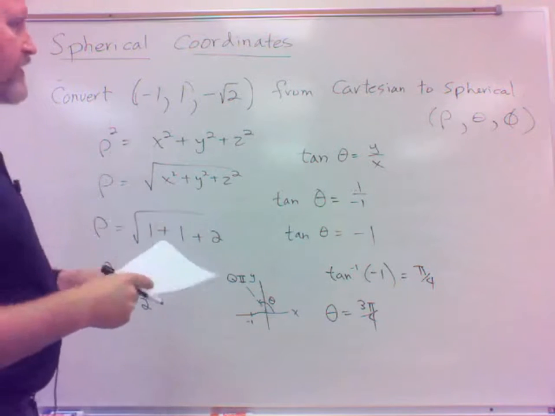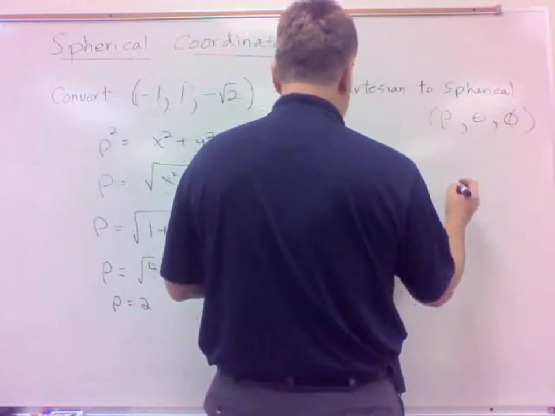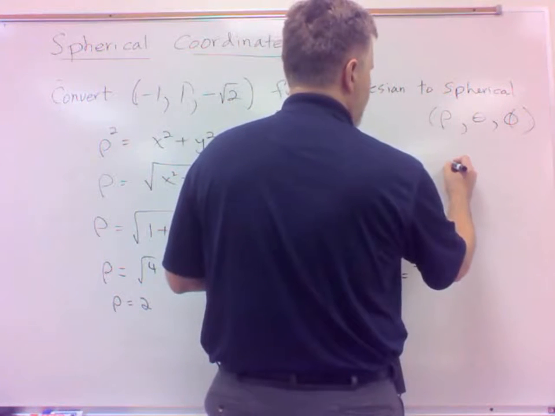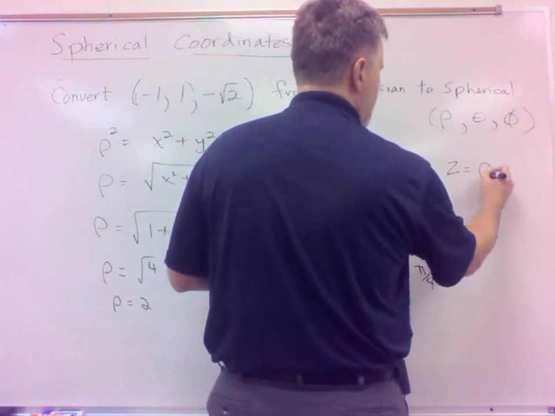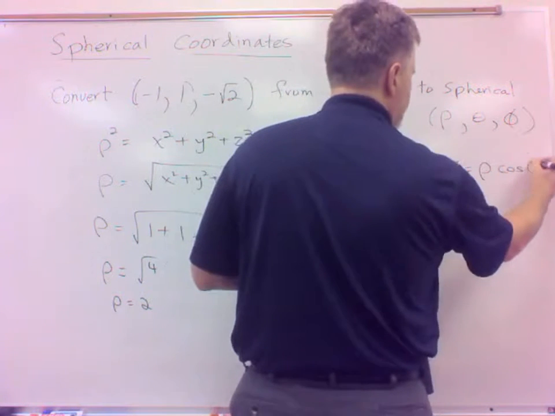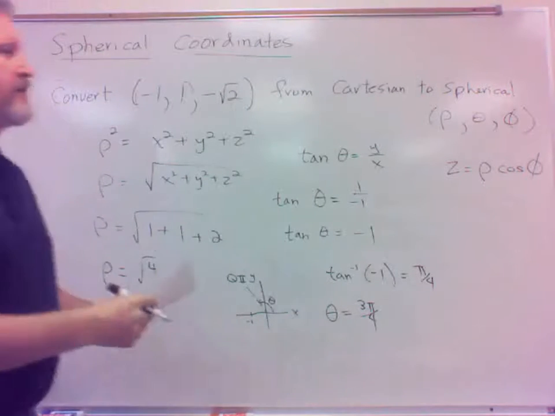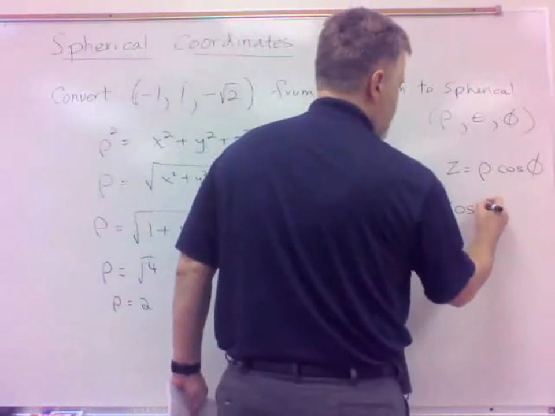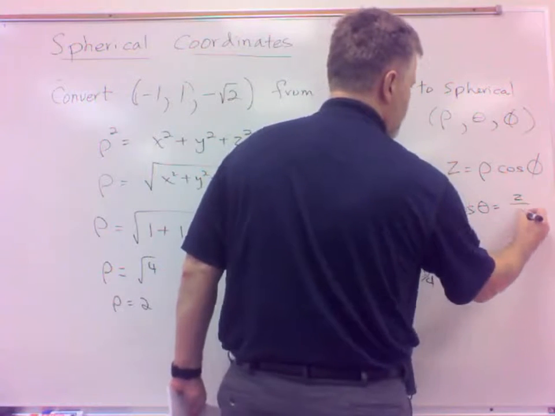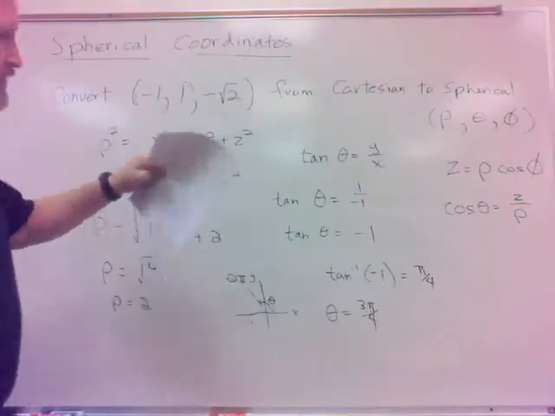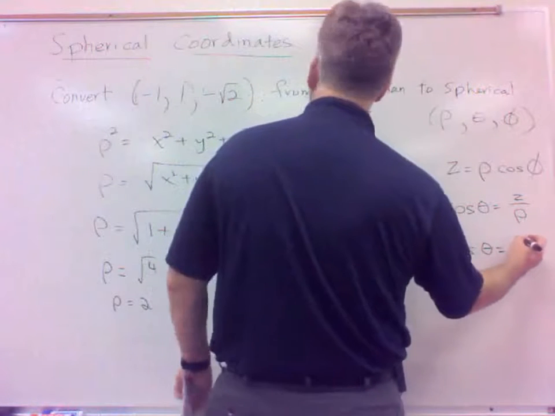Then for phi, we can get that pretty easily from our conversion z equals rho cosine phi. And so the cosine of phi is equal to z over rho, which we do know.